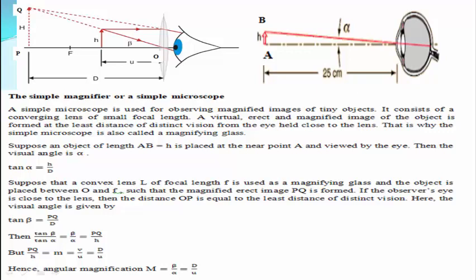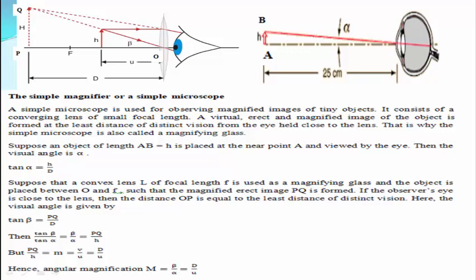If the observer's eye is close to the lens, then the distance OP is equal to the least distance of distinct vision. Here, the visual angle subtended at our eye is given by beta. That is, tan beta is equal to PQ divided by D. For this mathematical step, you have to consider figure one.